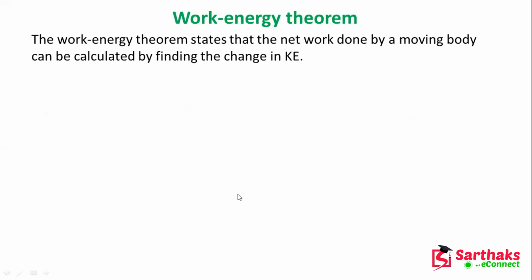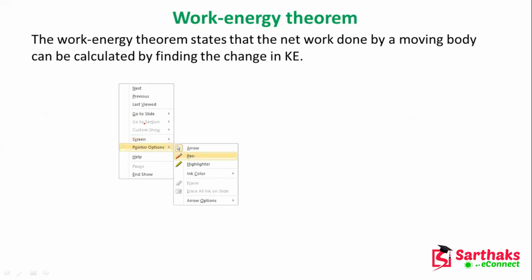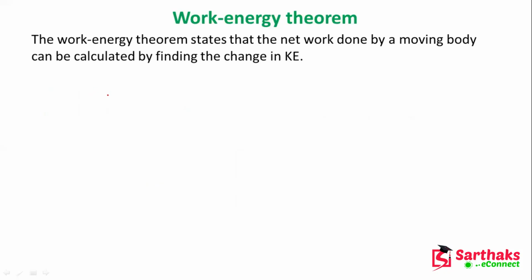Okay, let's start. The work energy theorem states that the net work done by a moving body can be calculated by finding the change in kinetic energy, right? That means the net work done by the moving body or object can be calculated by finding the change in kinetic energy.